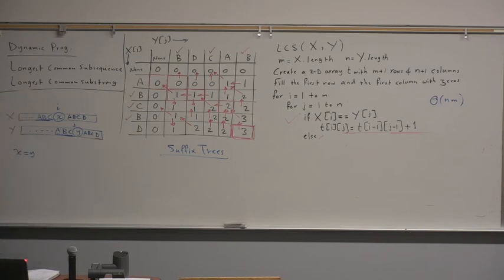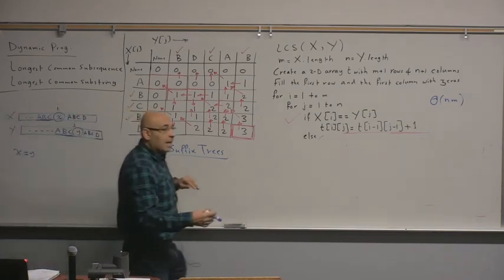Since X and Y are different, will the longest common substring between these two strings include this ABC? No, because there is a discontinuity here. Remember, the string has to be contiguous. When I hit two characters that are not equal, I will have to start over. So this is the best that I could construct up to this point, and anything that comes after X and Y, I will have to start building a new common substring.